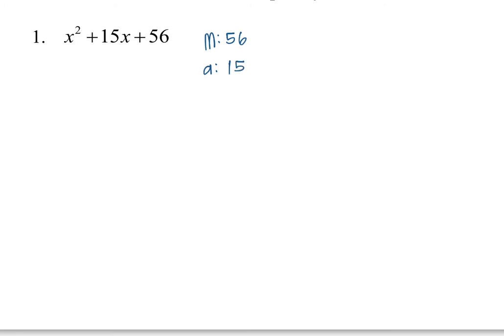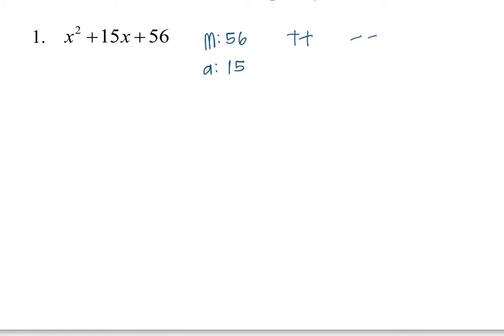And where am I coming up with these numbers? Well, the sentence that we read earlier said two things that multiply to give us c, but add to give us b. So since you're multiplying to get a positive 56, that means your signs are the same. They're either both positive or both negative.